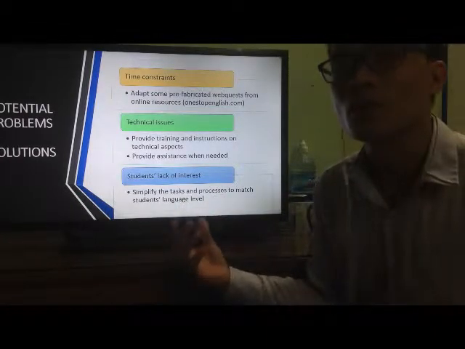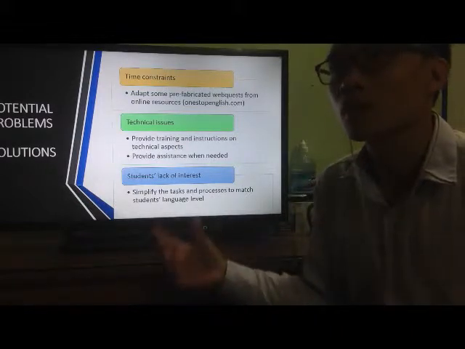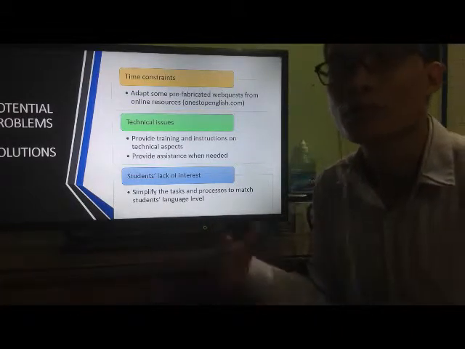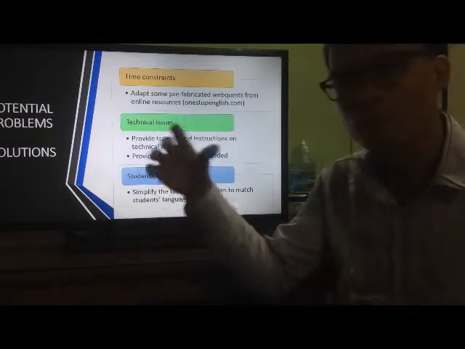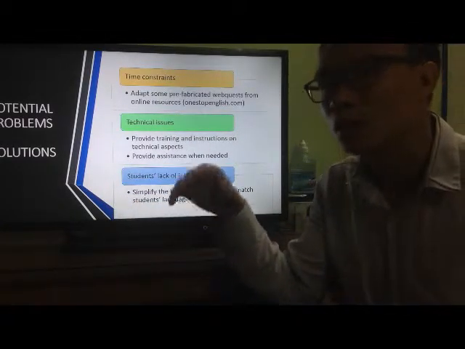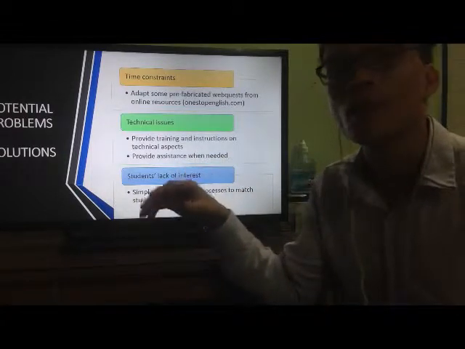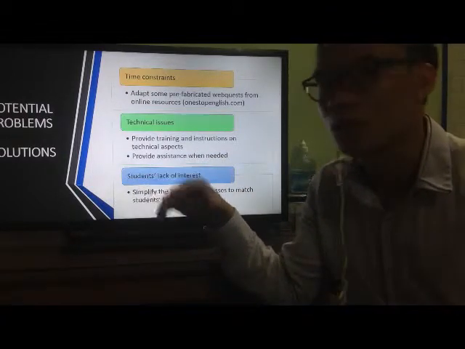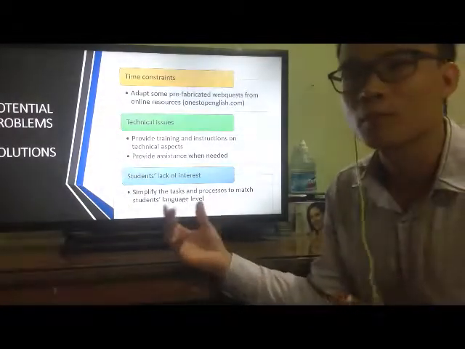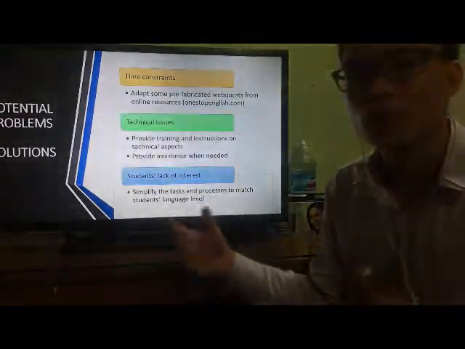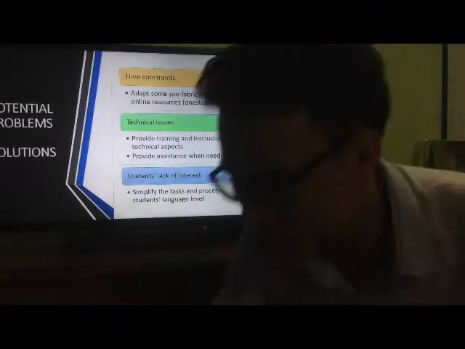However, there is also a possibility that the instruction and the materials may be too difficult for them. So what I need to do is make sure I match the materials and the difficulty level of the instruction with the language levels of my students, so that they don't have any problem accessing and carrying out the webquest.